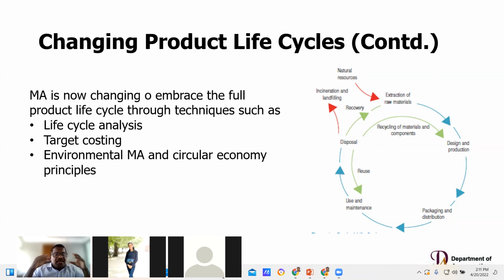Target costing. You need to understand what the customer is ready to pay for that. You can't just think about the prices. For example, you see that now oil prices, they just decided without thinking about the customer's bargaining power, purchasing power. If you look at most of the Chinese products, most of the Japanese products, why are they popular? Because they think about the particular target group's purchasing power.